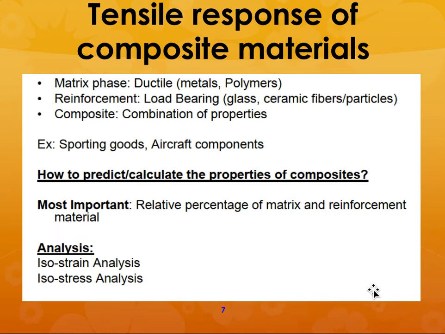You can have a matrix that is ductile, like metals or polymers, and the reinforcement, which would be glass, ceramic fibers, particles, or Kevlar type of fibers.